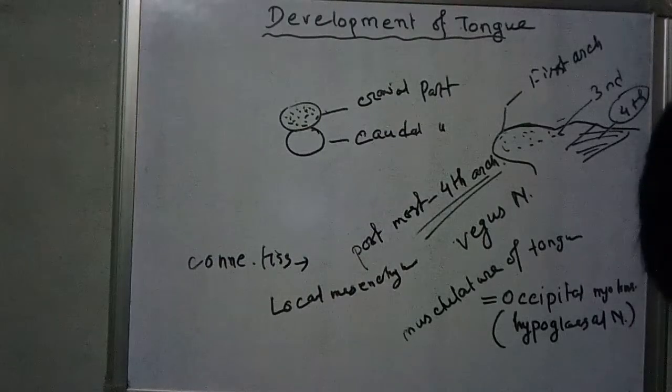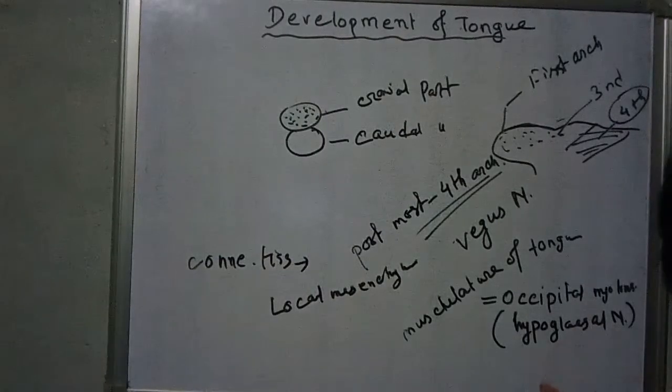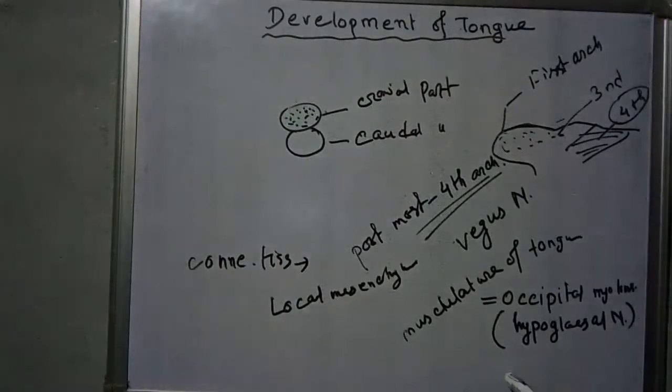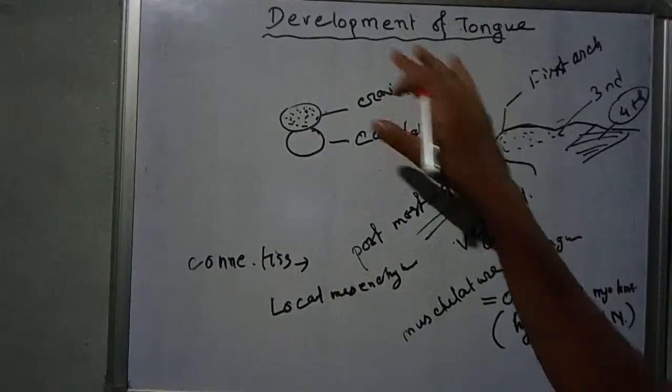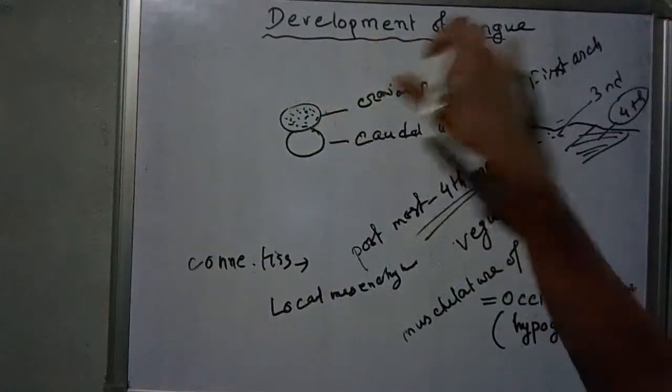The musculature of the tongue is derived from the occipital myotomes, which is supplied by the hypoglossal nerve, and the connective tissue develops from the local mesenchyme. So this was the brief description about the development of the tongue.